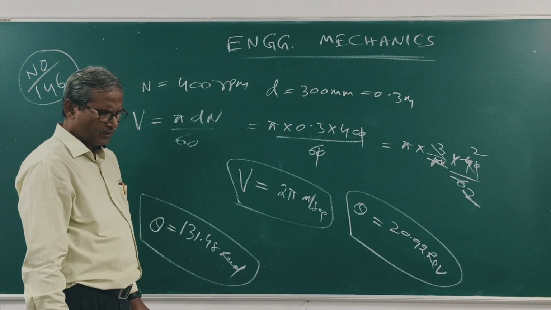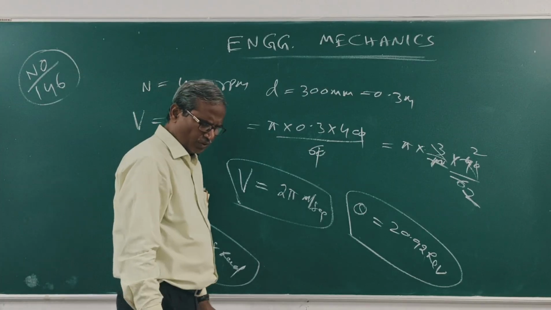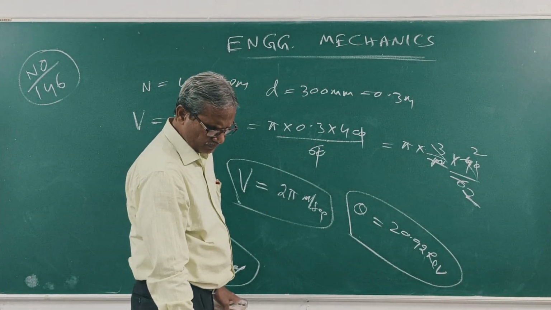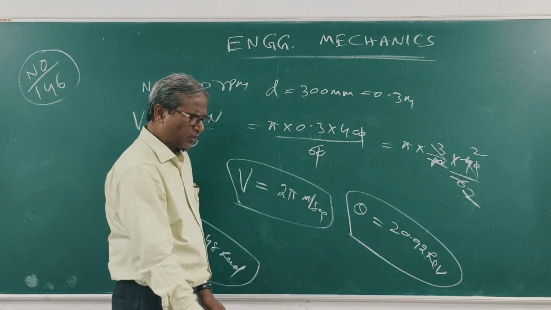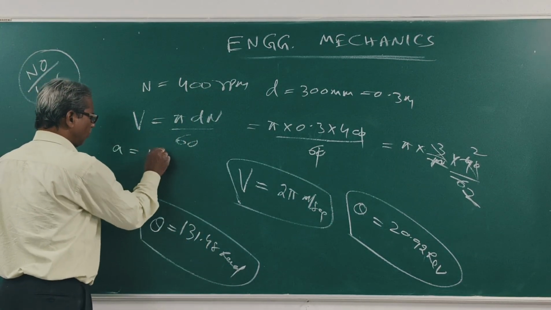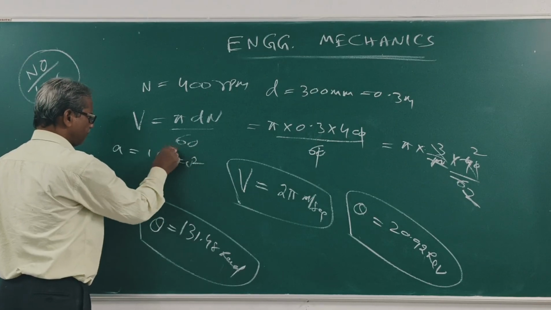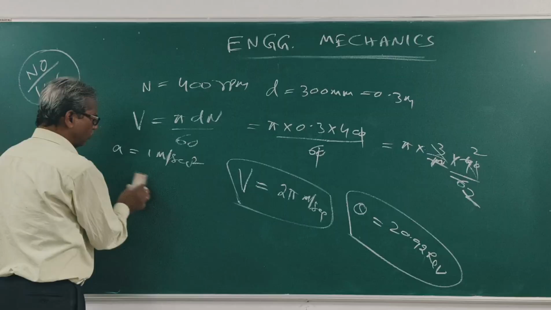Clear? Now find out a. What is a equal to? Acceleration, 1 meter per second square. Now the distance moved by the weight, s.